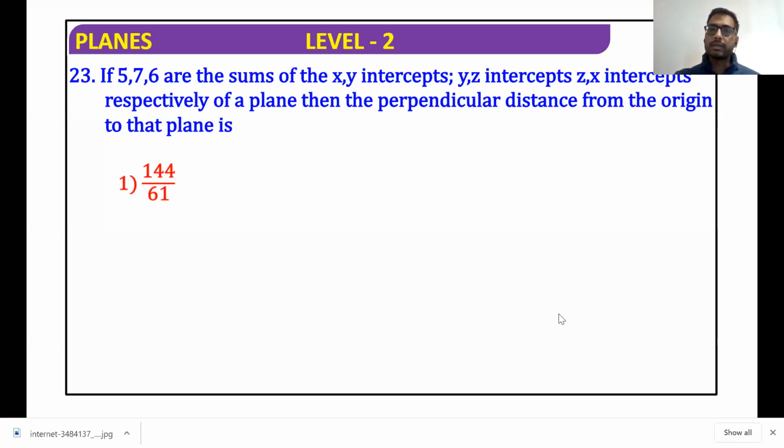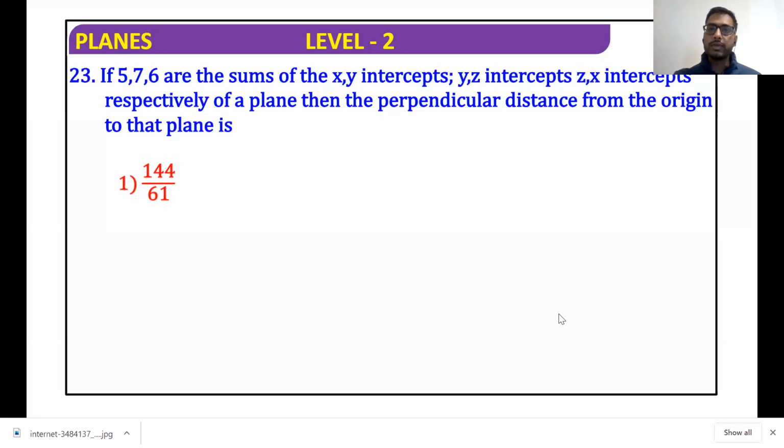How can we get those values? How can we find value of a, b, and c, or x-intercept, y-intercept, and z-intercept? Information is given to us in our question. 5 is sum of xy intercept. Let x-intercept be a, y-intercept be b, z-intercept be c.